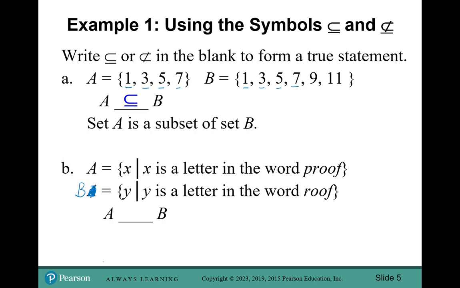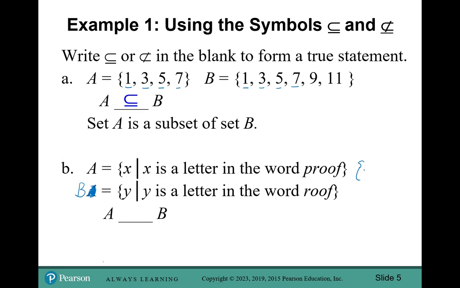Now, the way that I'm going to do this is I'm going to write out my roster set over here to the right hand side so I can compare. Now X is a letter in the word proof.